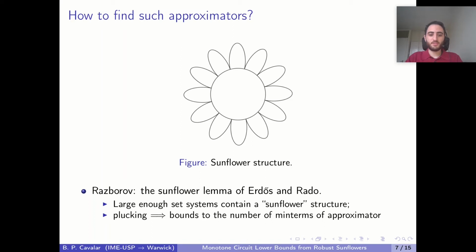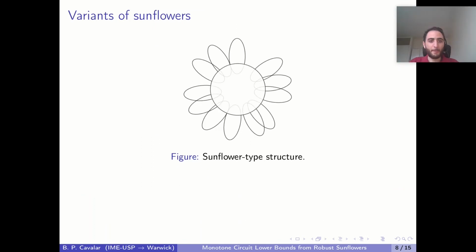If a function contains too many min terms, you can just block, take out all the petals, and put the core of the sunflower in the set of min terms. And you can show that you don't make many approximation mistakes by this procedure. So this gives a bound to the number of min terms of the approximator from the sunflower lemma.